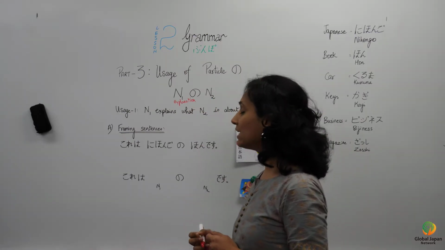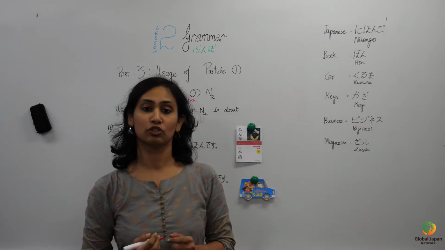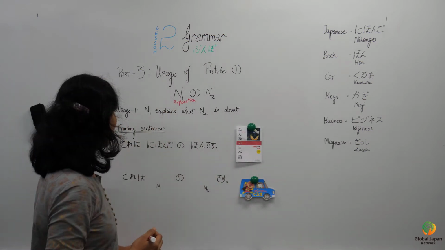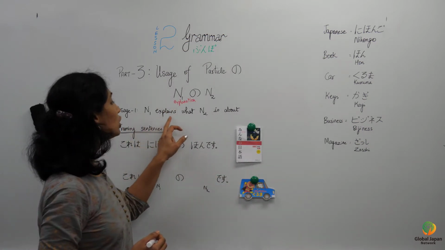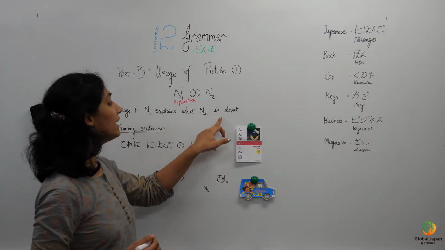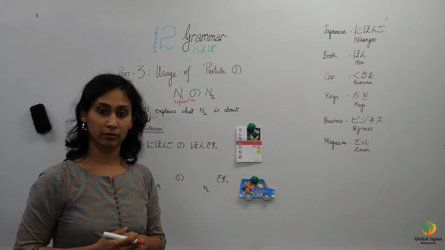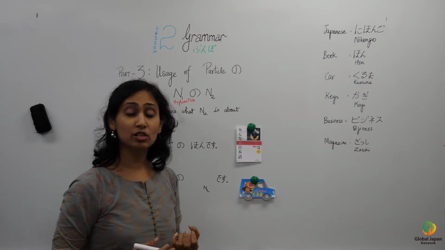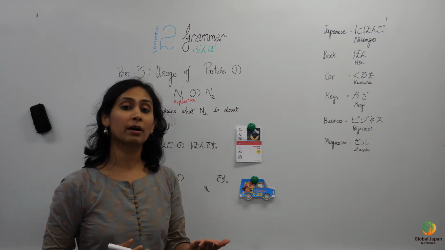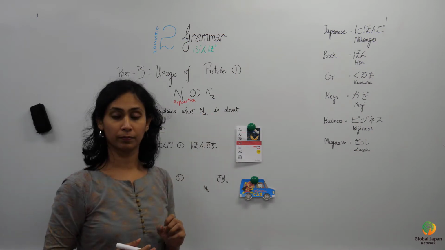Let's look at the first usage in lesson 2. N1 is going to explain what N2 is about, which means it is going to give some more information about N2.